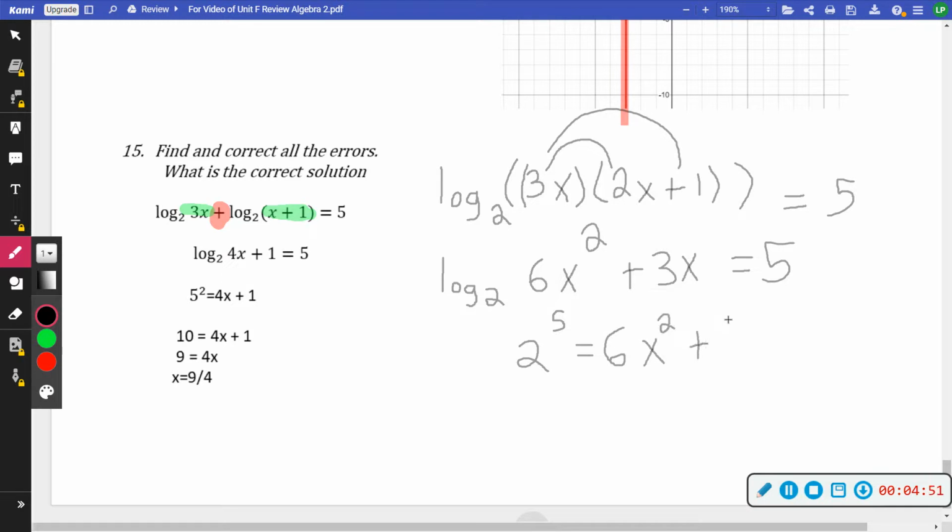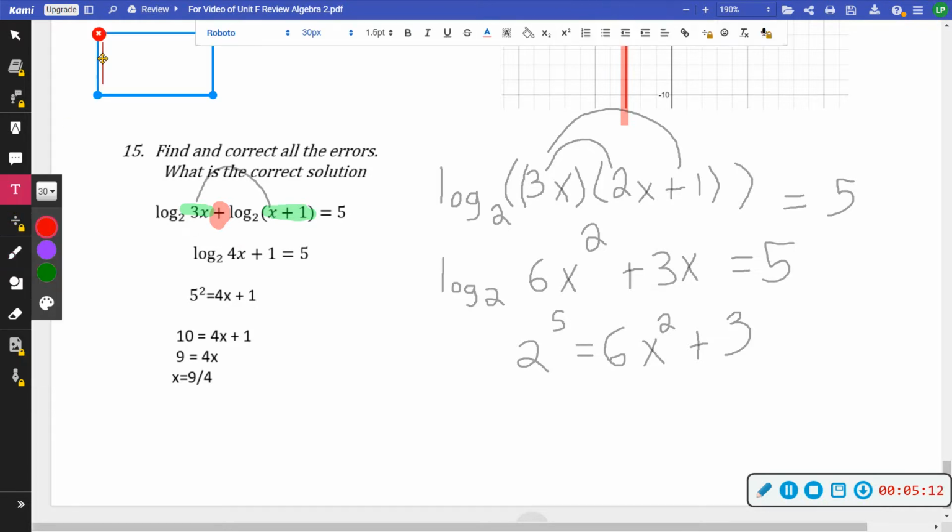And so I'm working on correcting the error, but I can see the error they made. It looks like because they saw this as plus, they forgot that that's really times. So they did 3x plus x plus 1 to get 4x plus 1. That is their mistake. So I found the error.